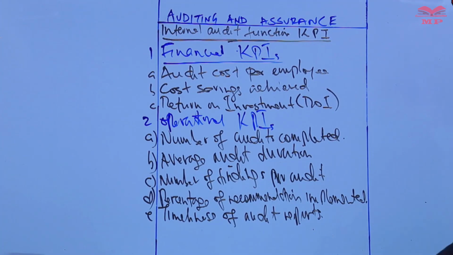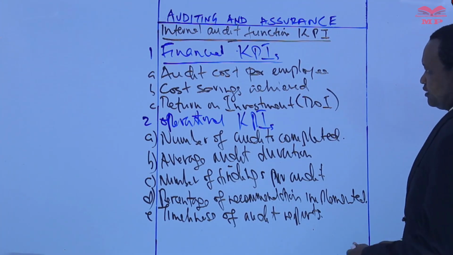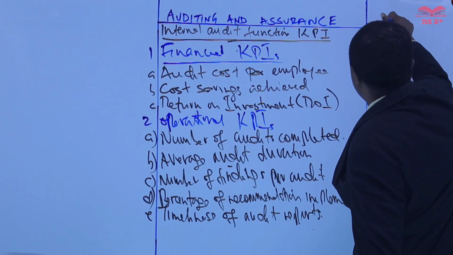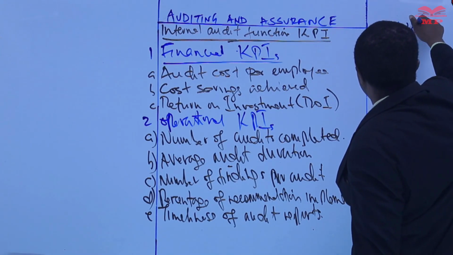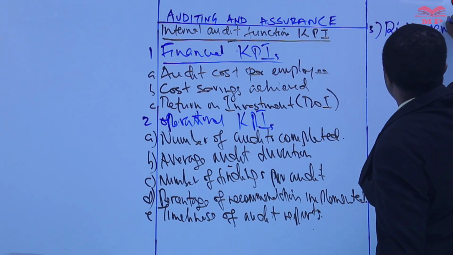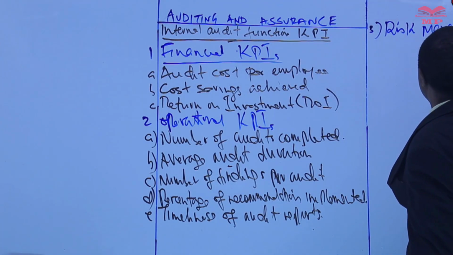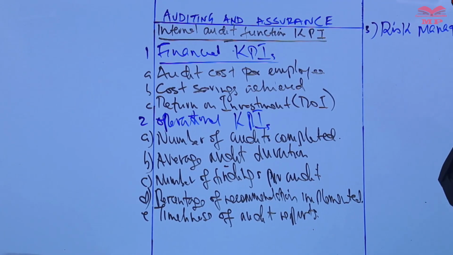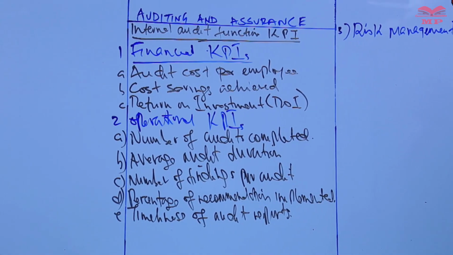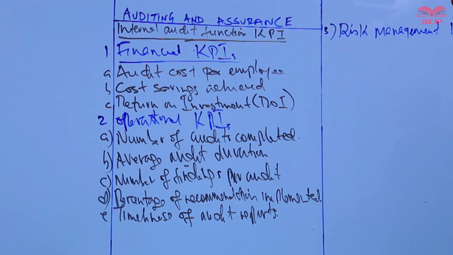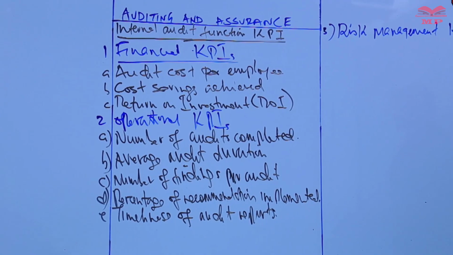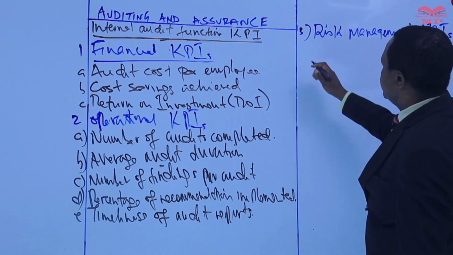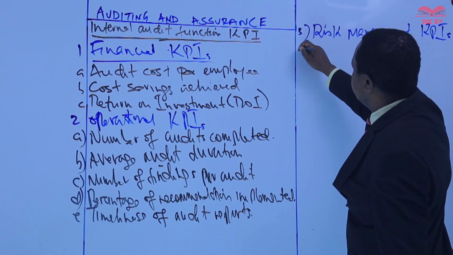Then we may also have the third category, risk management key performance indicators. Now, one example is the number of risks identified.